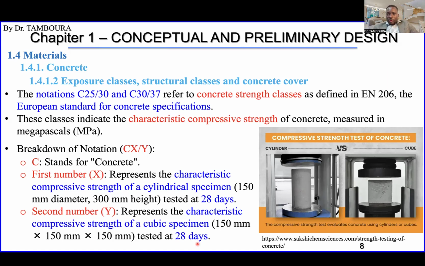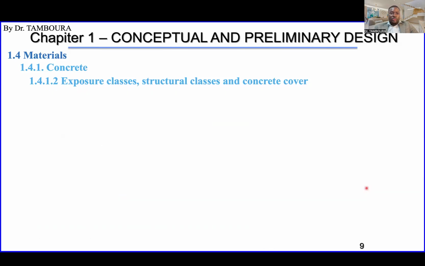So you now understand this notation. 25 means the strength obtained from this test after 28 days, 30 means the strength obtained from this, and they are both in megapascal, okay. Compression, I think this also is clear now.